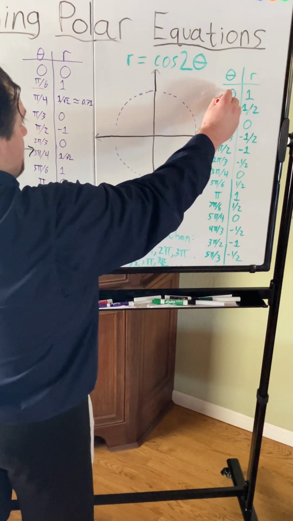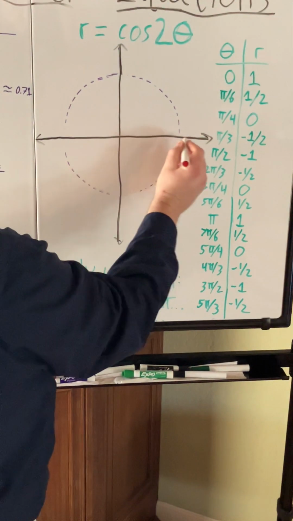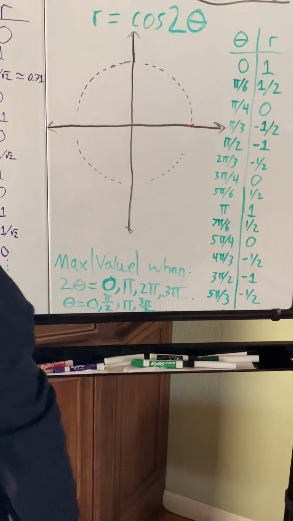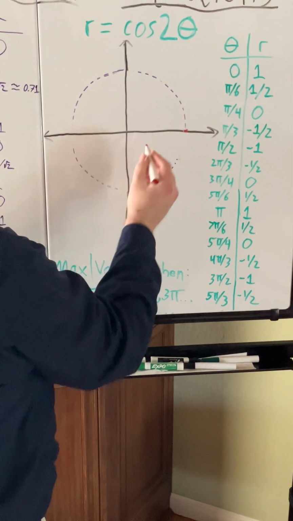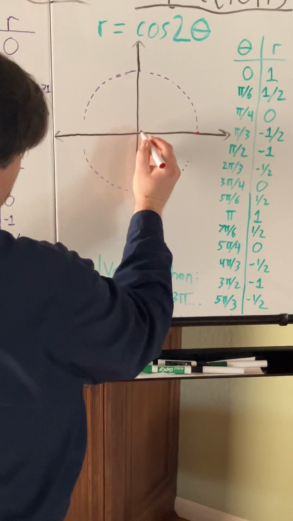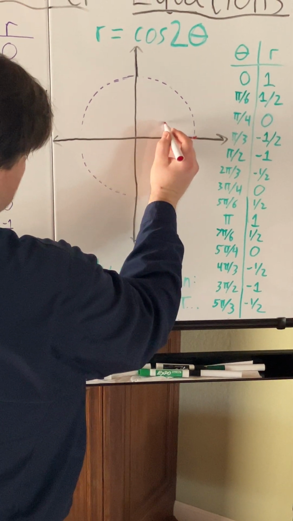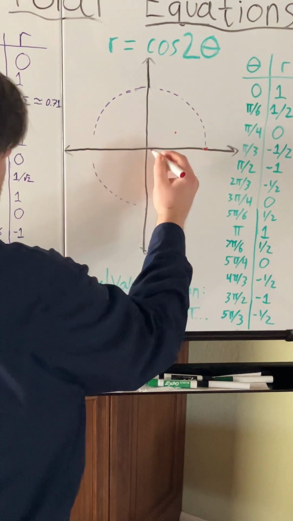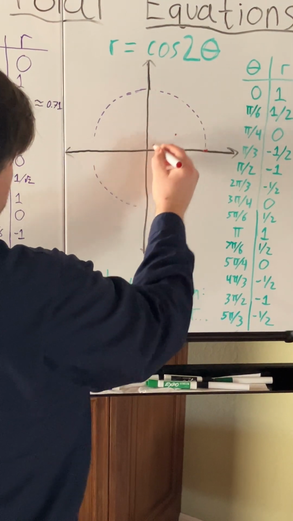Here at an angle of 0, we are already at our maximum R value of 1. At pi over 6, which is roughly there, we move to 1/2. So that's maybe like here-ish. At pi over 4, we're already back to 0.